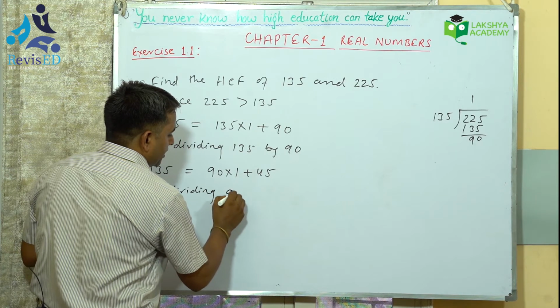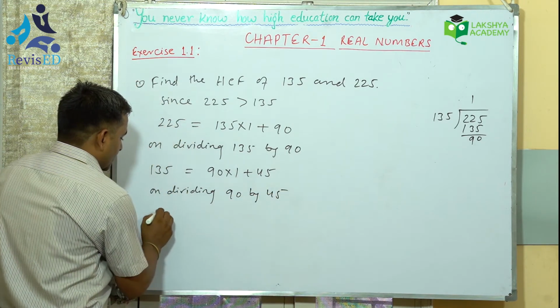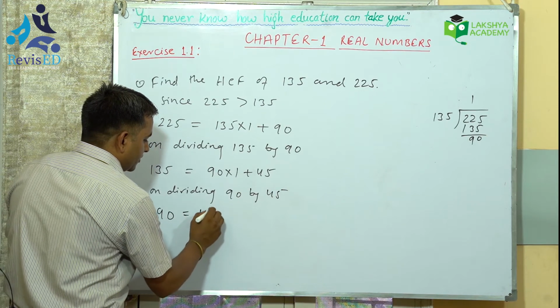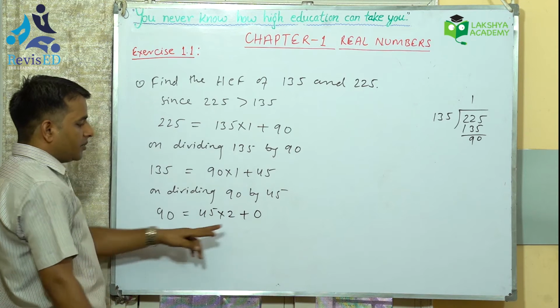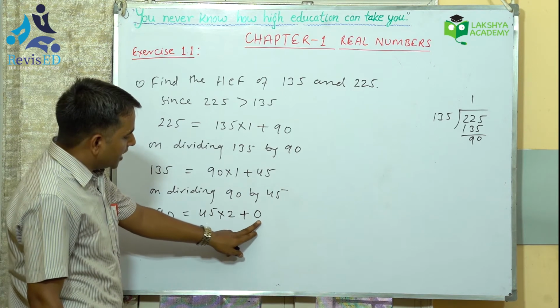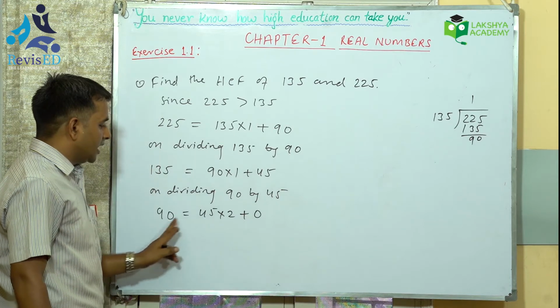On dividing 90 by 45, this is 90 equals 45 into 2 plus 0. Here the remainder is 0. So we are getting the remainder 0 by dividing 90 by 45.